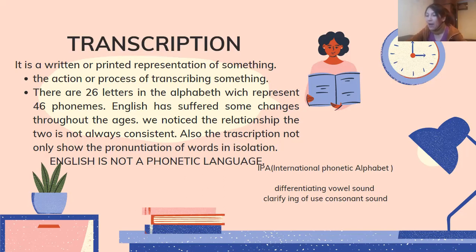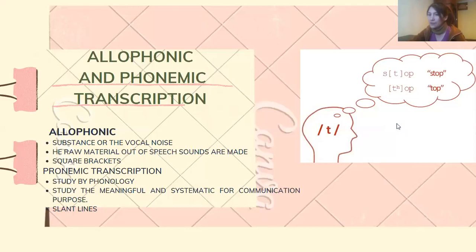What is the IPA? What does it mean? It's the International Phonetic Alphabet. It's the differentiation of the vowel sounds, for clarifying some uses of consonant sounds. For example, it's necessary to know about the use of the phonemes for the transcription in phonetic or allophonic.